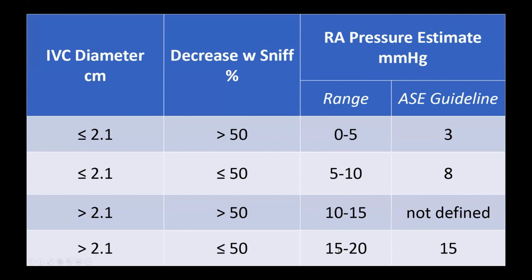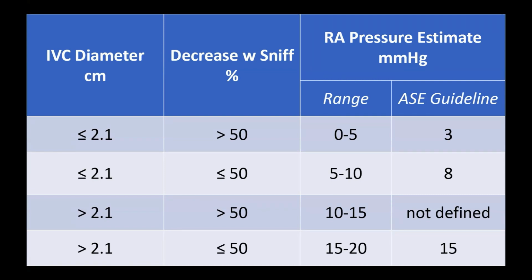You get a range of pressures, and the ASE recommend using an absolute 1 number for each of these ranges. So if the IVC diameter is small with high collapsibility, you give the person a 3 millimeters of mercury pressure for the right atrial pressure.